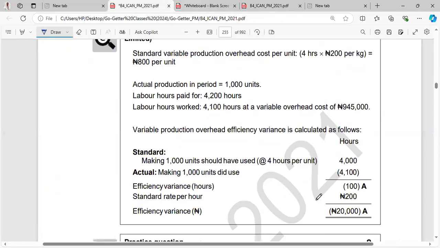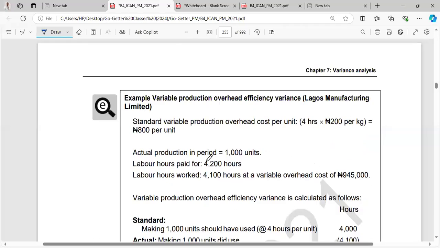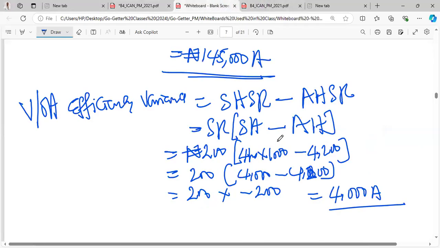Efficiency variance, what do we have here? Labor hours worked for was given here in the question. So I will need to change it to labor hours worked for. We used labor hours paid for before. Labor hours worked for is what I'm going to use. 4,100 was worked for.